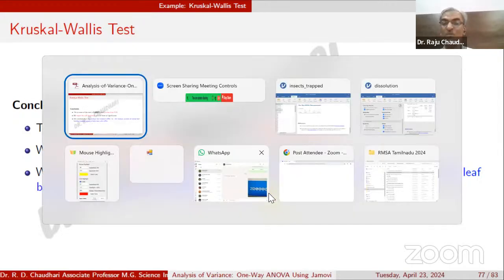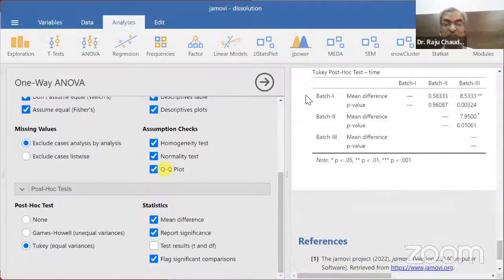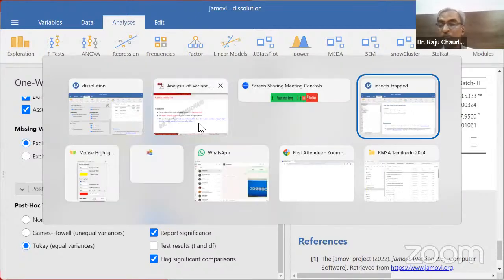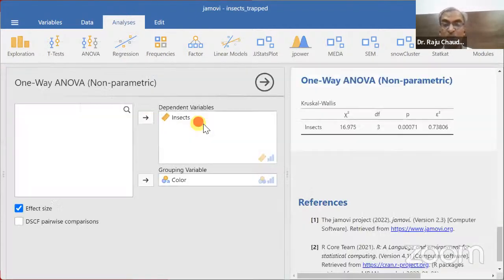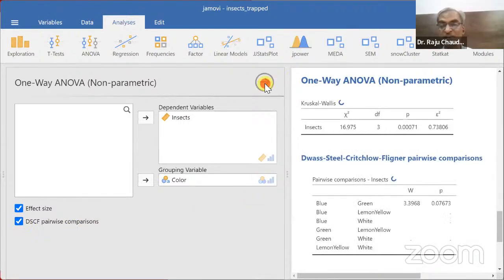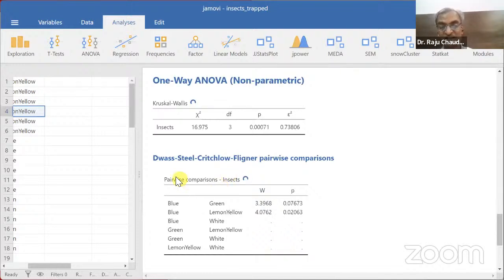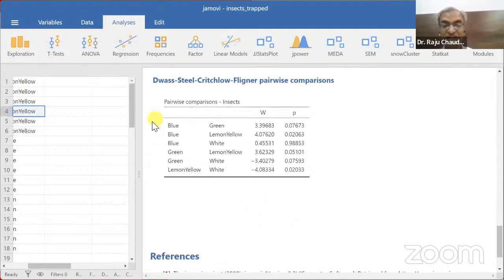So in Jamovi, we have the option, and that option is this DSCF pairwise comparison. So Dwass, Steel, Critchlow, Fligner pairwise comparison, post hoc analysis, right? And here it gives you all possible pairs, their test statistics, and the corresponding p-value.